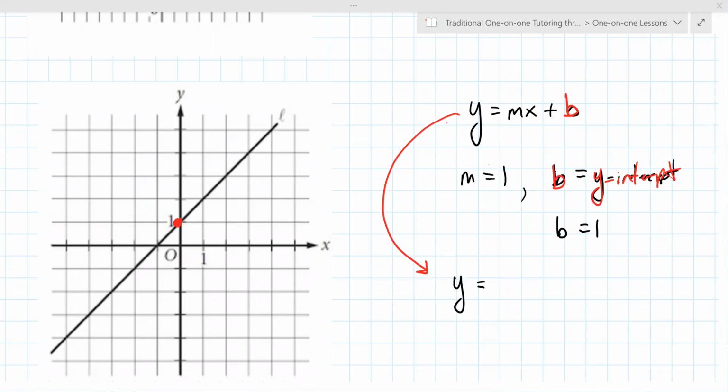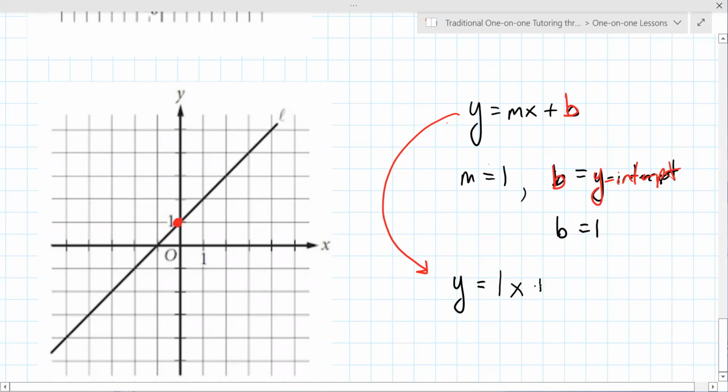I'm asking for the equation, Sourish. Mx plus b. Okay, what is the value of m? The value of m is 1. Okay, so 1x plus 1. Good. So you agree that the equation of this line is 1x plus 1, is that right?